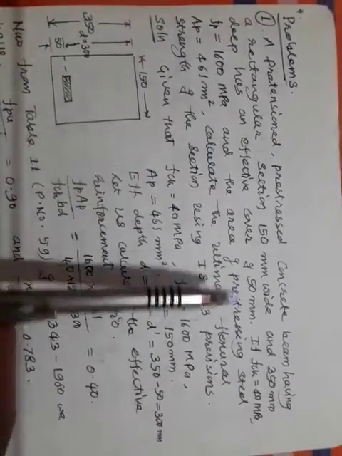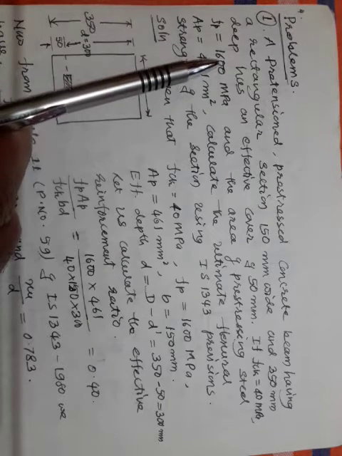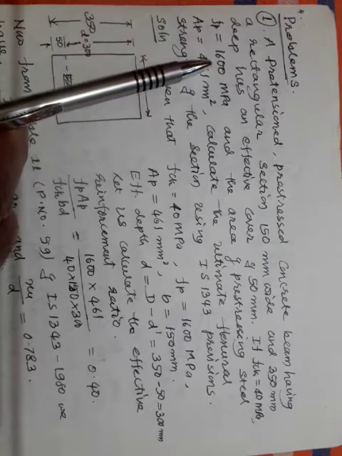If fck is 40 MPa, fck means the characteristic compressive strength of concrete. fp is equal to 1600 MPa. fp means the characteristic tensile strength of the steel, that is, at this stress your steel cable is going to fail.